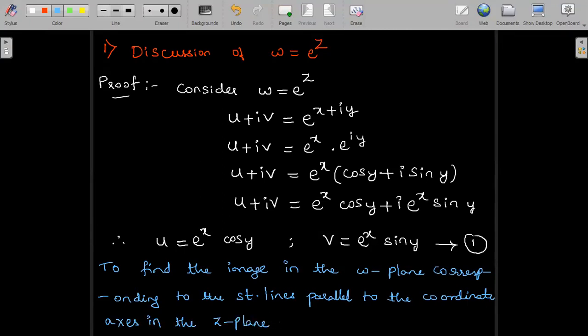So this is same as writing, taking x is equal to constant and y is equal to constant.